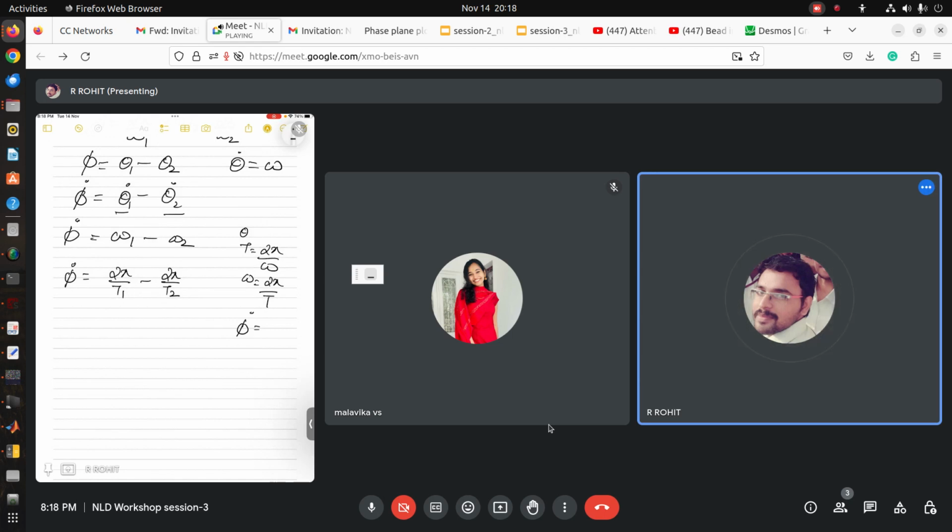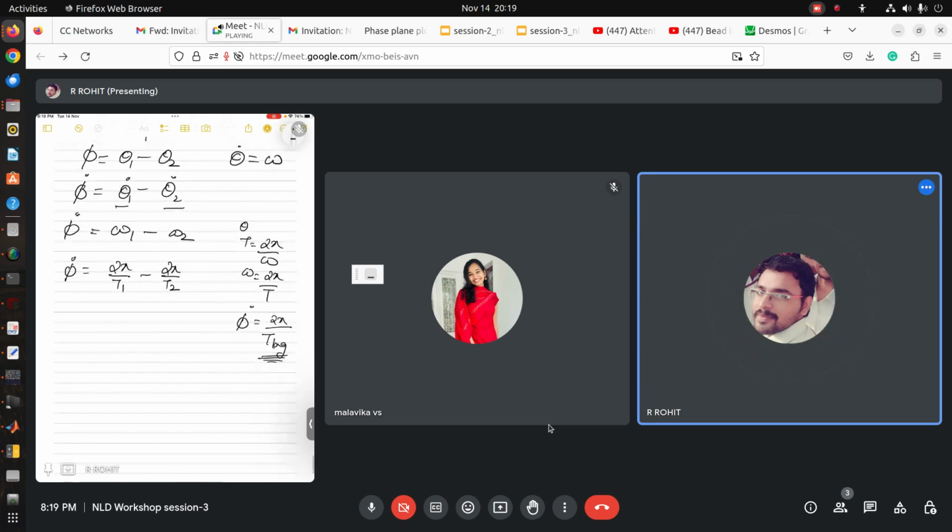So phase difference can also be written in the form of 2 pi by T times the lag which you are considering. So this is the time T lag that we are interested in finding. So this means it is nothing but 2 pi times the T lag that has taken for them to cross, and if you take 2 pi common, then you will get 1 by T1 minus 1 by T2. So this implies T lag is nothing but 1 by T1 minus 1 by T2.